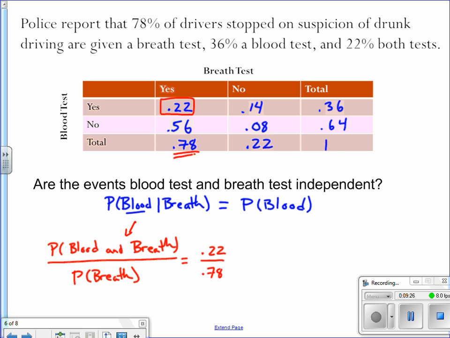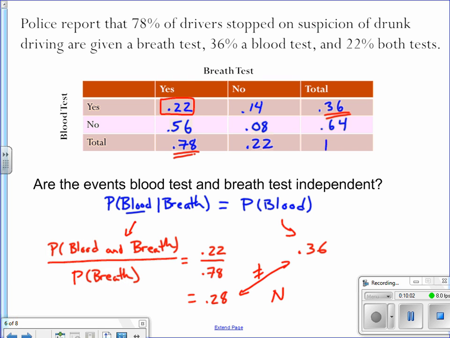Most people, when we think about people getting pulled for drunk driving, the breath test is probably the one they're most likely given. 78% of the people are given that. Not many police officers administering blood tests on the side of the road. So blood and breath divided by breath is 0.28 approximately. And the probability of a blood test is very easily defined, right there in the chart, 0.36. These two things are definitely not equal.